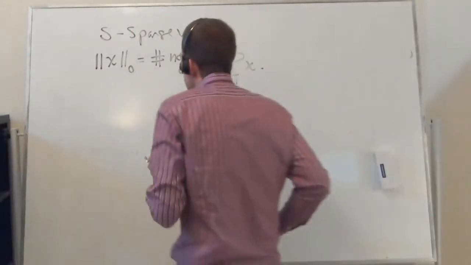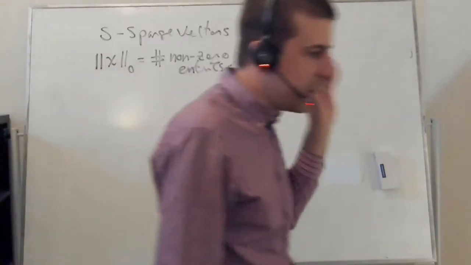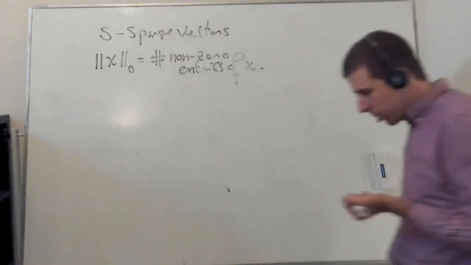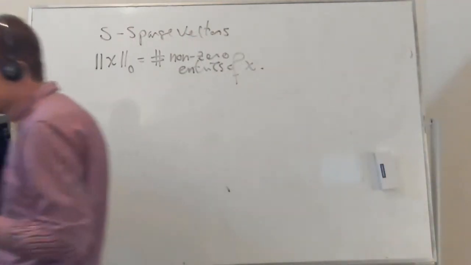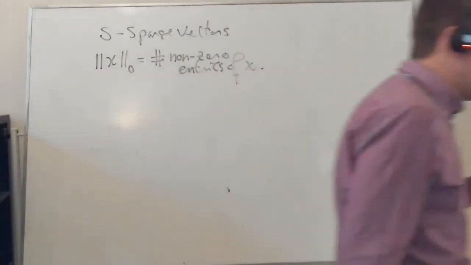And so it turns out that many natural images are sparse. Of course, not in the pixels, so it's not like most pixels are black, except maybe if you're doing astronomy. But they are sparse in certain bases, in particular in the wavelet bases. And this is exactly what JPEG 2000 exploits.